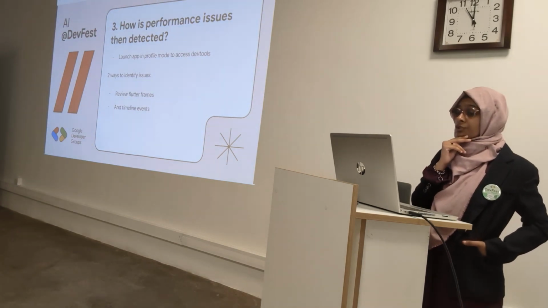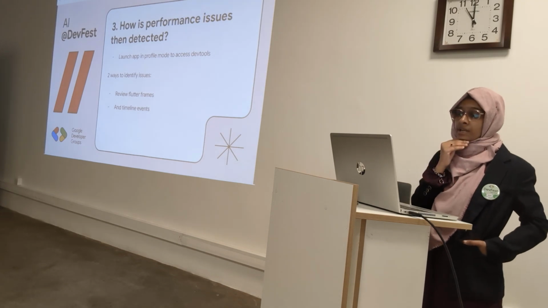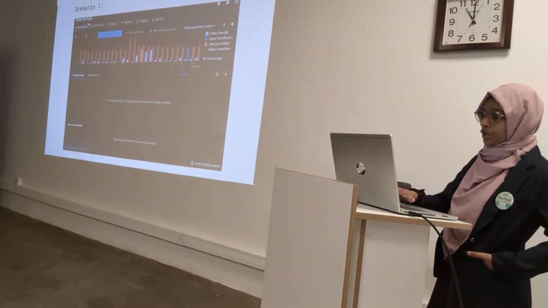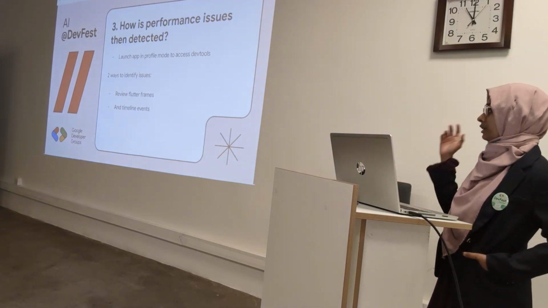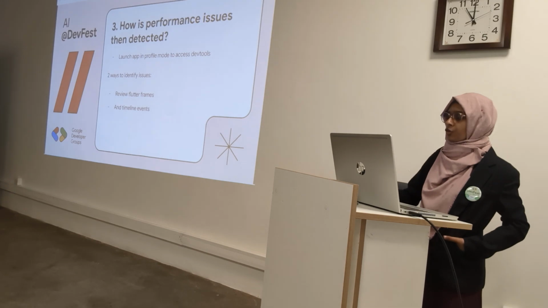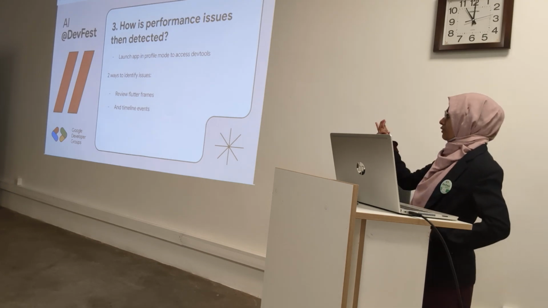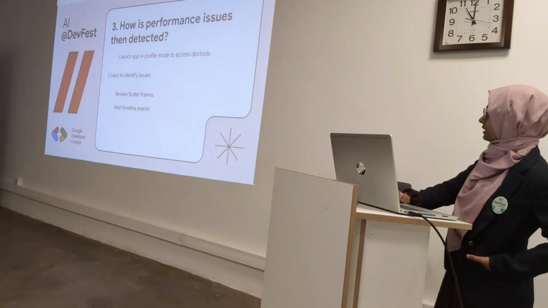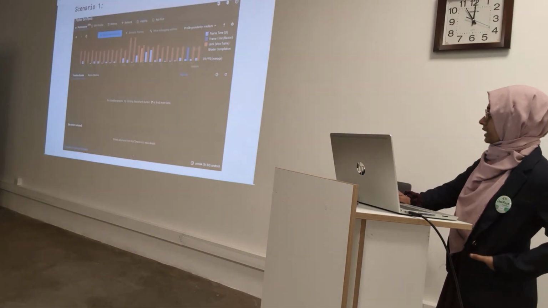Now, with this dev tool, once run, we can basically have two main features that we can look into to really optimize our performance and even review what the issues are. These are the Flutter frames and the timeline events. The Flutter frames you've seen here, but I'm going to go into detail now.